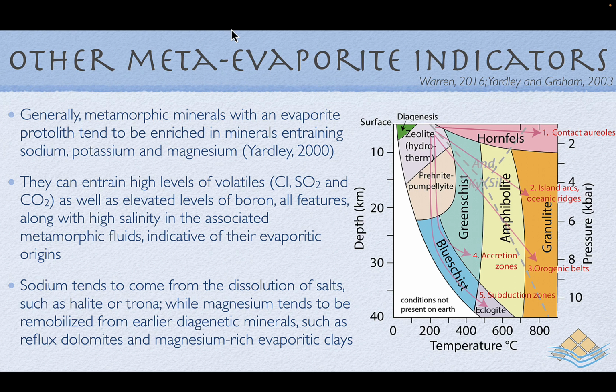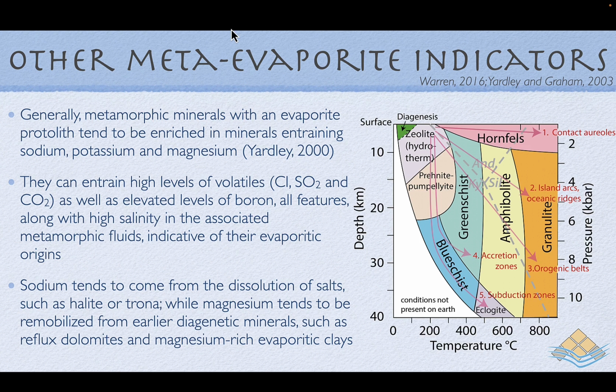Now, as long ago as 2000, Yardley, in a keynote paper and then a subsequent paper by Yardley and Graham, established quite clearly that metamorphic minerals with an evaporite protolith tend to be enriched in sodium, potassium and magnesium, emplaced in a variety of minerals, and these meta-evaporite minerals can also retain quite high levels of volatiles, so elevated levels of chlorine, sulfur, and also carbon dioxide, along with boron, all of which, along with the high salinity in the associated metamorphic fluids, indicate their evaporitic protolith.